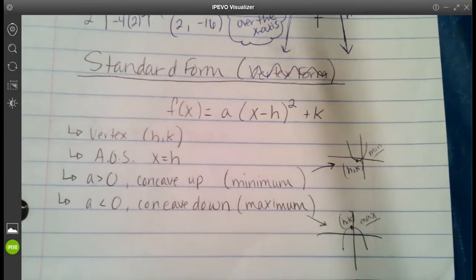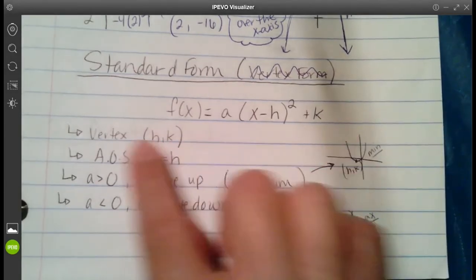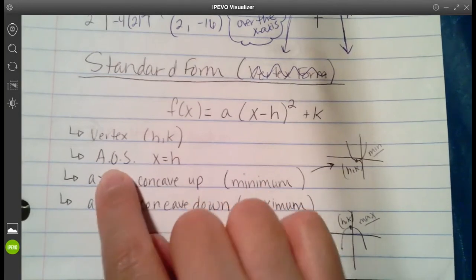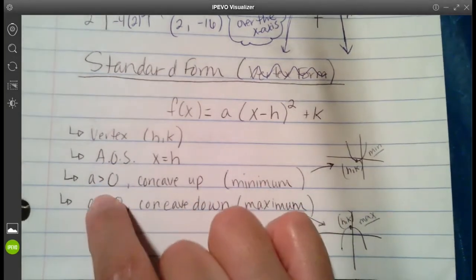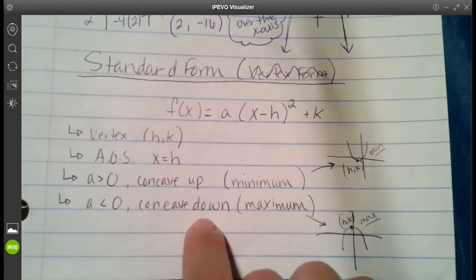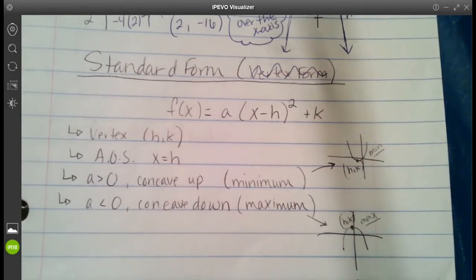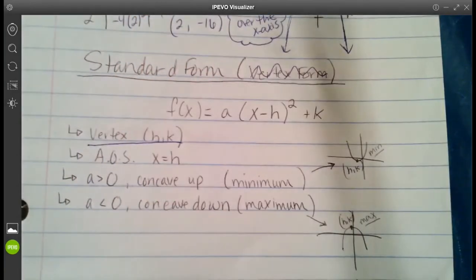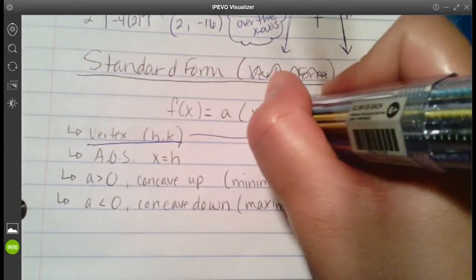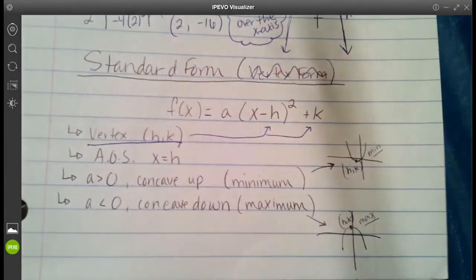From the standard form of a quadratic, we can get the vertex, we can get our axis of symmetry, we can tell whether the graph is going up or going down. Okay, so all of these items can be found from this graph. So for instance, the vertex, which is our (h, k), can be found from here and here just by looking at them.